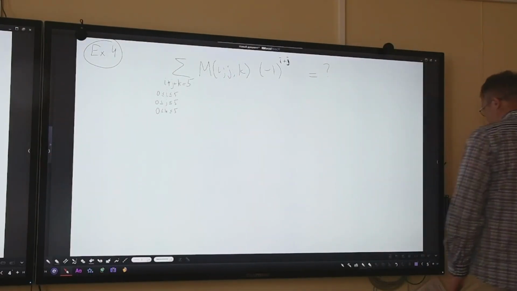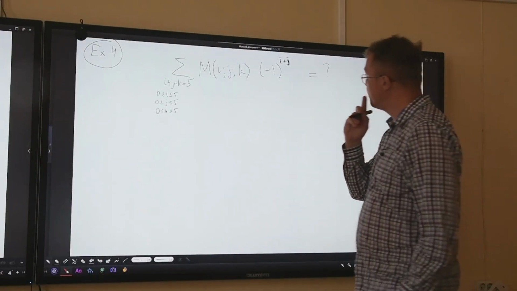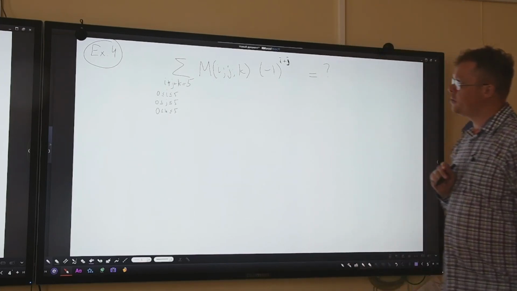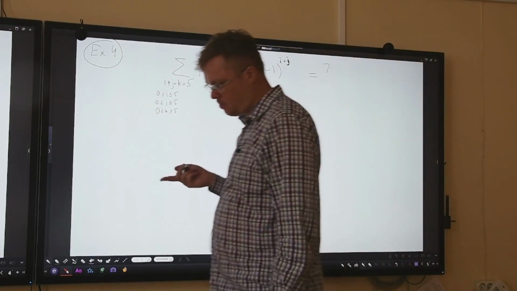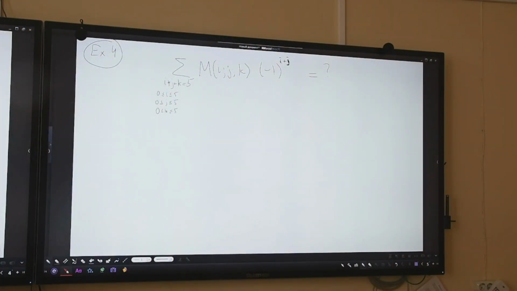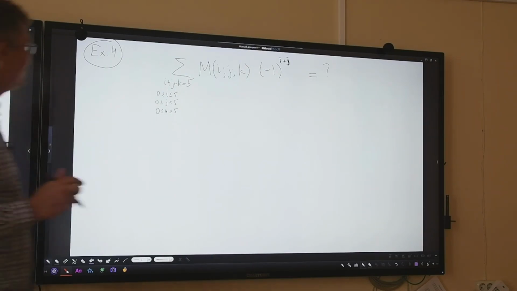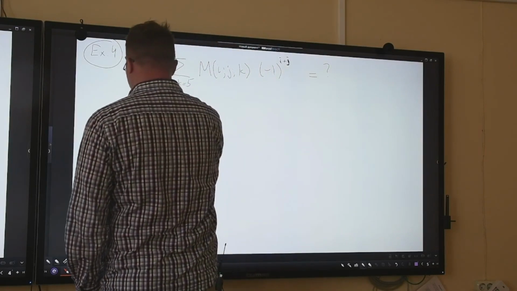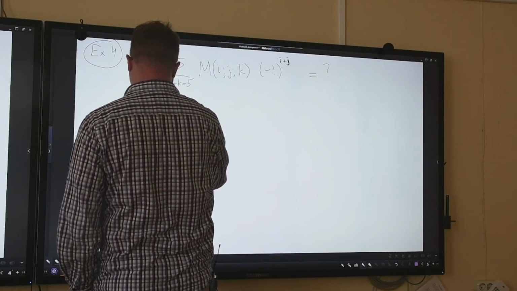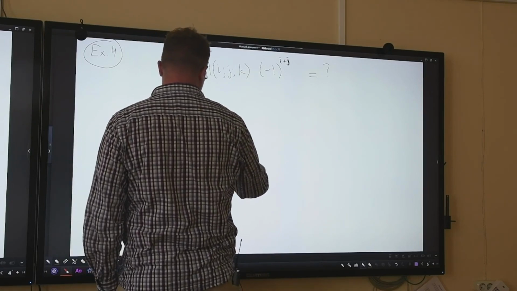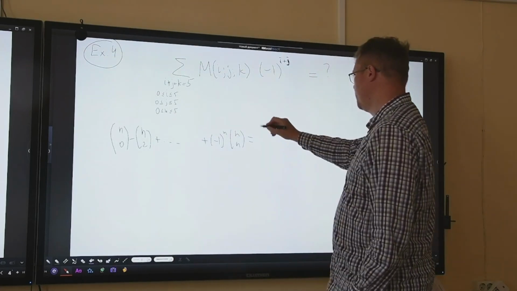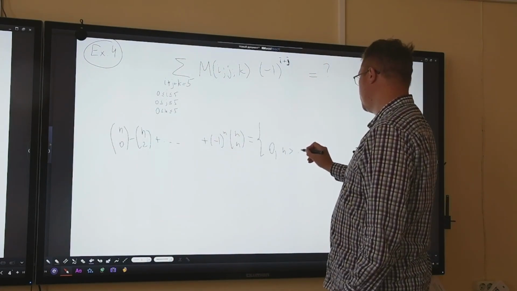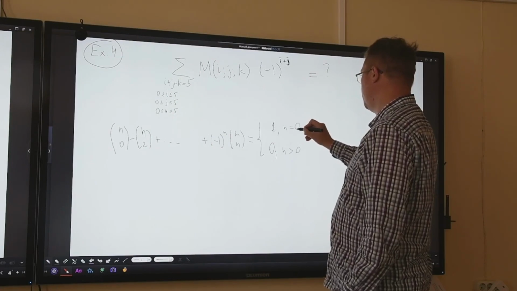You may be right, because this may remind you of the first lecture, where we were discussing the alternating sum of binomial coefficients. We know that the alternating sum of binomial coefficients is 0 for n greater than 0 and 1 if n equals 0.